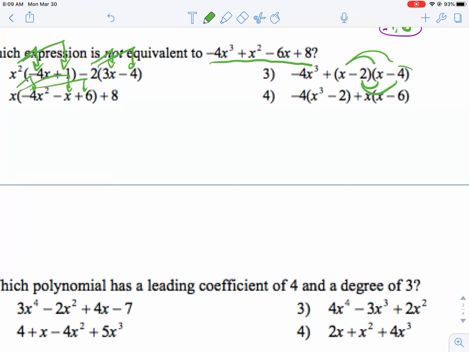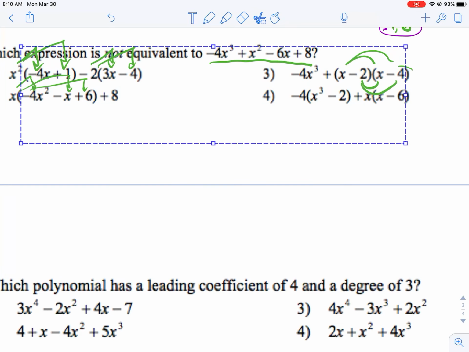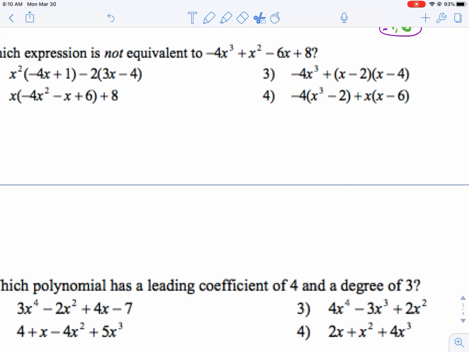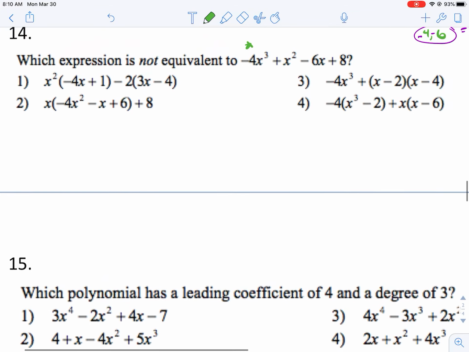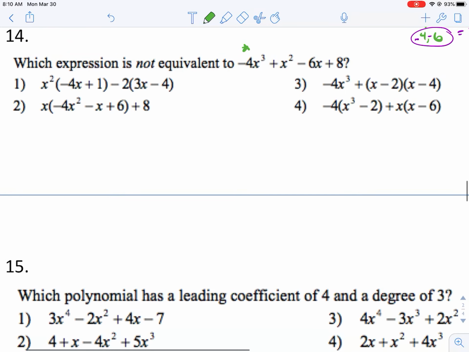It's like this one here, you'll have to do your arrows. That's what we're going to do for all of these. And we're going to see which one of these does not get this expression back here.